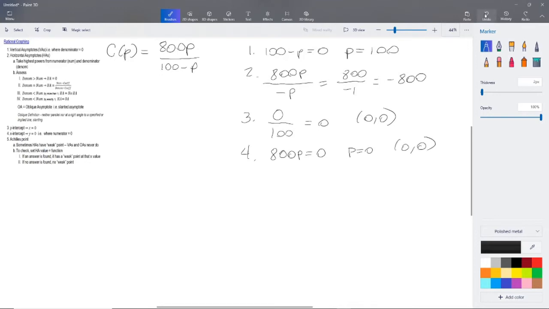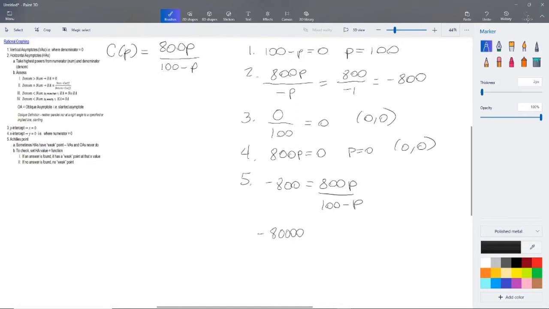Step number 5, the Achilles check. So we take the horizontal asymptote that we found, which was negative 800, and we set that equal to the function itself, in other words, 800p over 100 minus p, and we try to see if this has an answer. To solve this, we're going to cross multiply. We take negative 800 times 100 minus p, and that's going to give us negative 80,000, with 4 zeros, 1, 2, 3, 4 zeros.